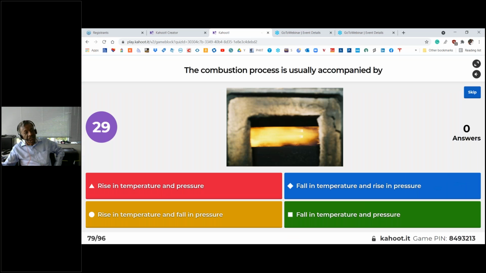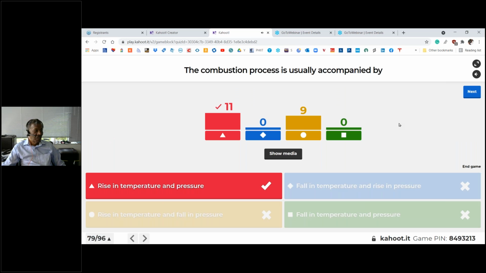The combustion process is usually accompanied by... well, a majority of you got it right.